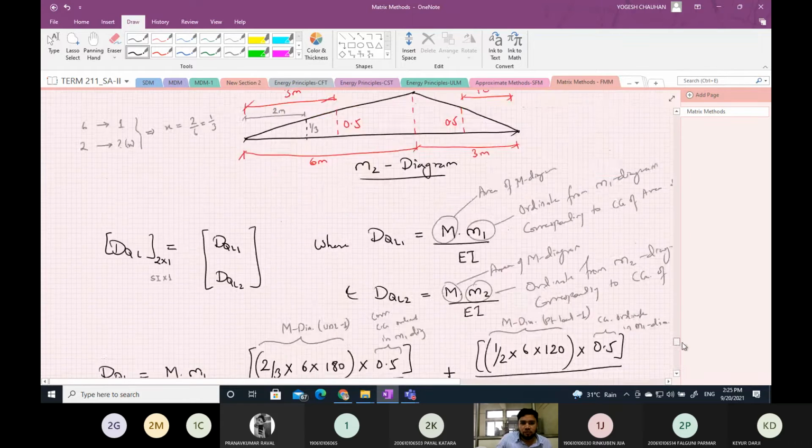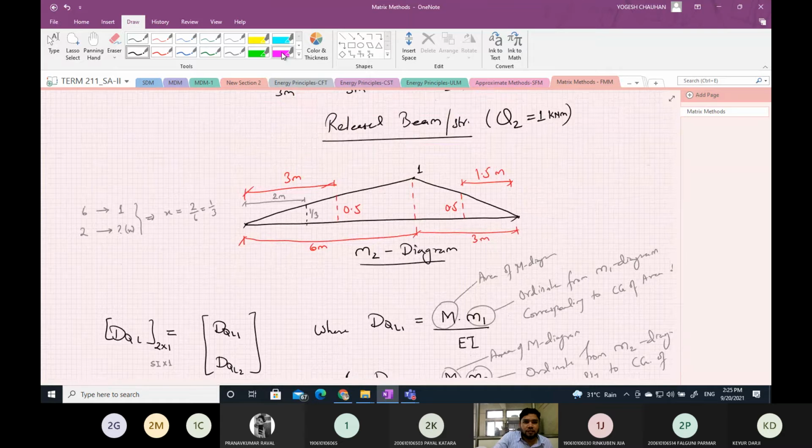So we take the area, let us take the area of this part. We take two triangles, one this, because for this portion EI is different.